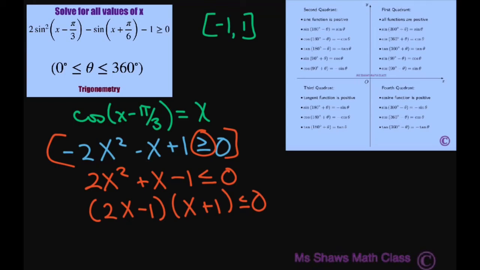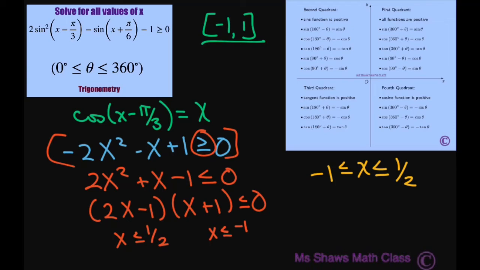Now that we have that, X is going to be less than or equal to 1/2, and the other is X greater than or equal to negative 1. So instead of this, we have negative 1 is less than or equal to big X, which is less than or equal to 1/2.